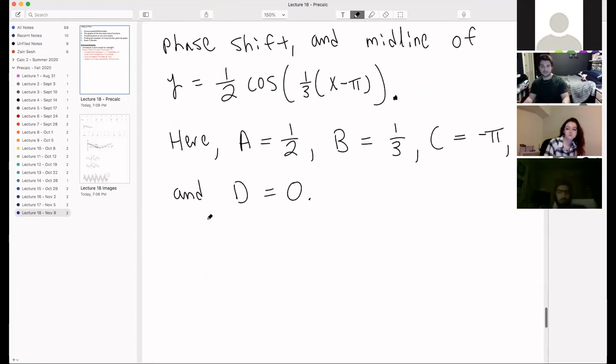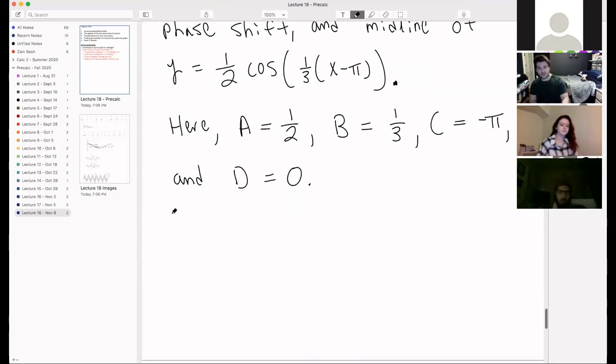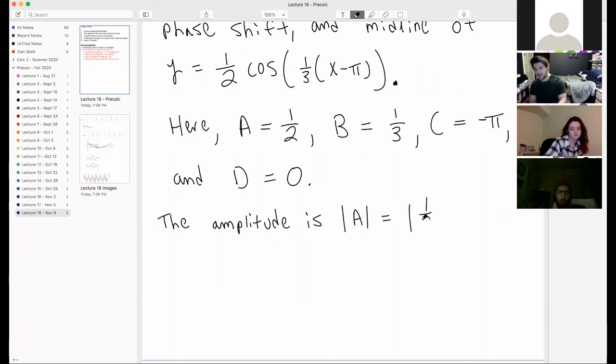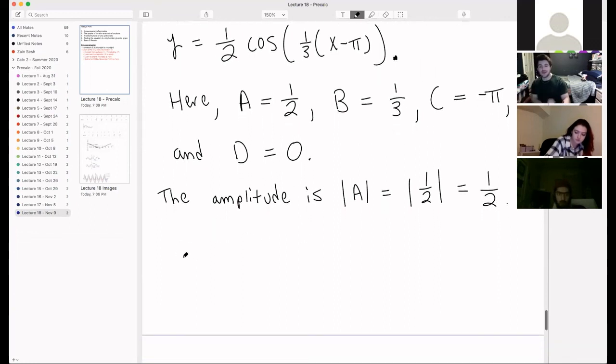Okay, so now let's roll through it. The amplitude, remember, is the absolute value of A, which is the absolute value of 1/2, which is 1/2. That's the first thing. Here's maybe the trickier one: finding the period.